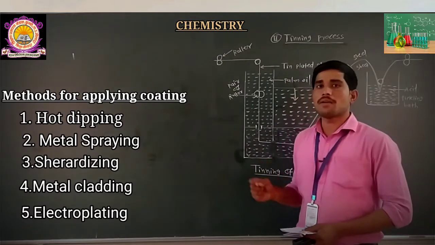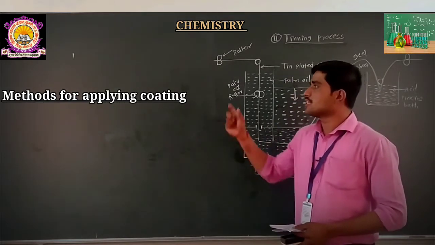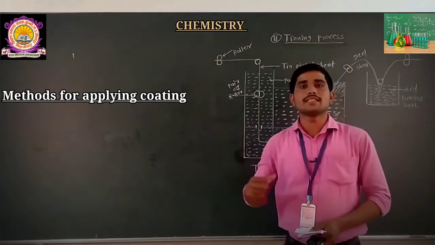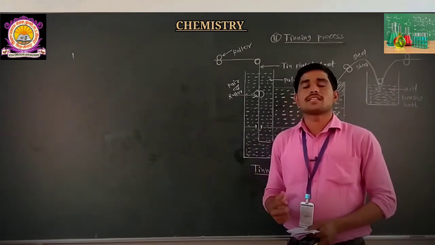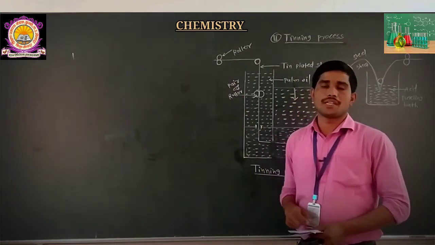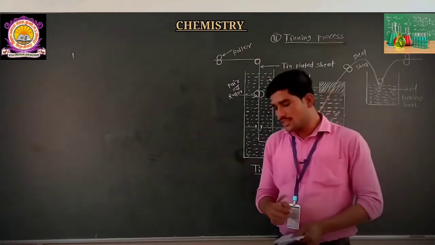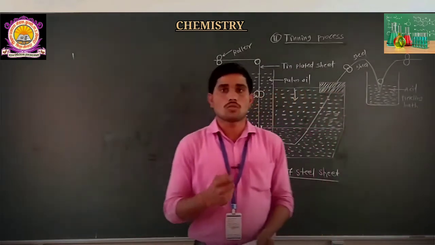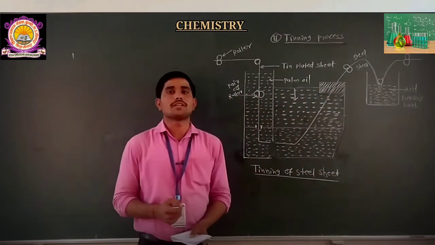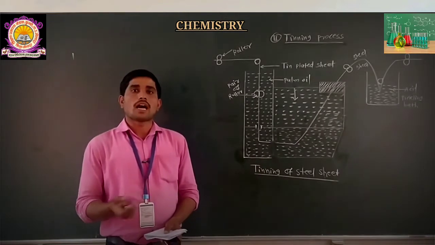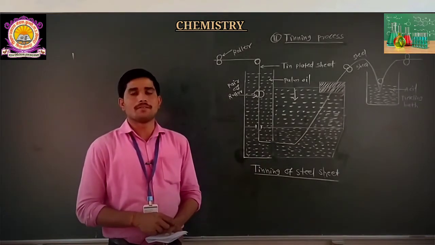Out of these methods, the first method is hot dipping, and in this hot dipping, the second method is tinning. This tinning method is useful for the coating of a low melting point metal on a high melting point metal.